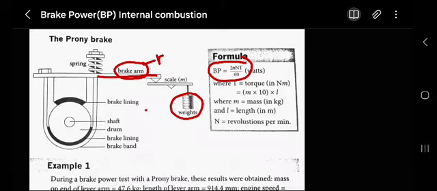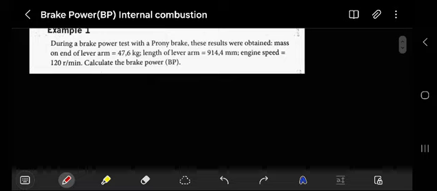So let us do some questions so that we'll understand the example. During a brake power testing, a prony brake, you see we're dealing with the prony brake. Take note of that. The result we obtain: the mass at the end of the lever.